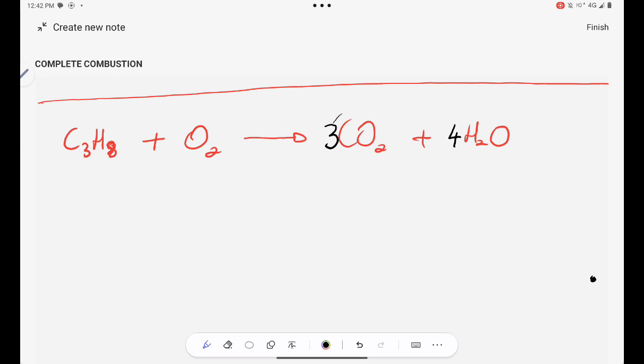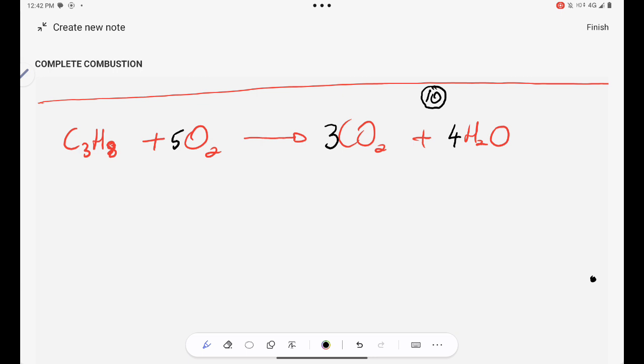We have 3 times 2, which is 6, plus 4 times 1, which is 4. So I have 6 plus 4 oxygens. That will give me a total of 10 oxygens. Since the total number of oxygens is 10, my coefficient for oxygen has to be half of this number. So this will be 5 over there.